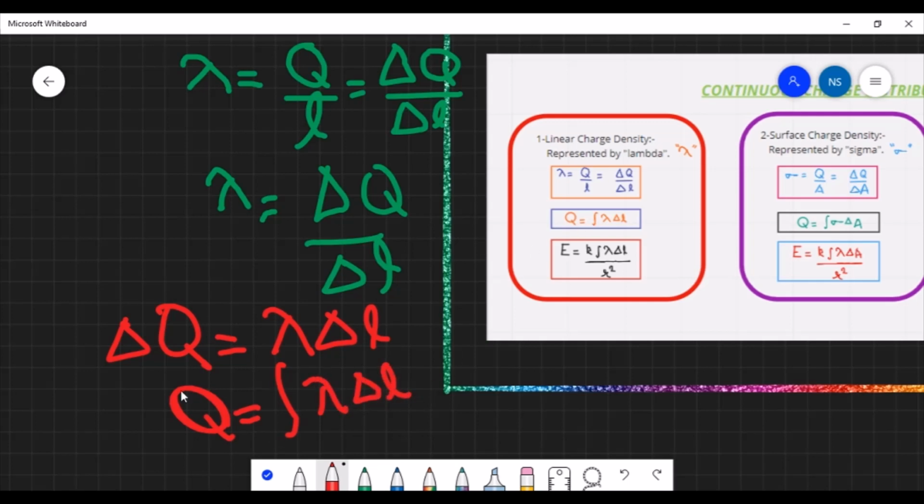We can put this value in our applications, which you will see, like the application of Gauss's law. In that you can see how we use this formula. Also, in some questions we can use this Q formula for force, and we can use it for electric field intensity.